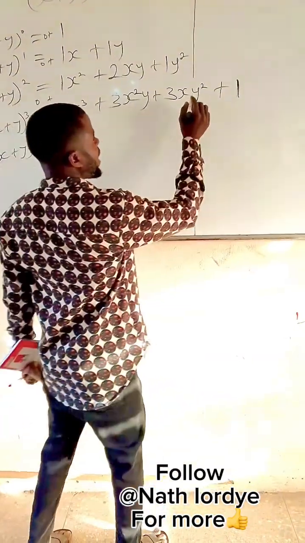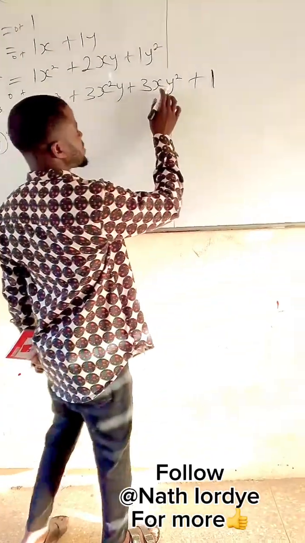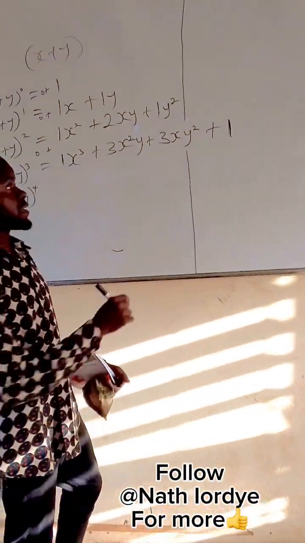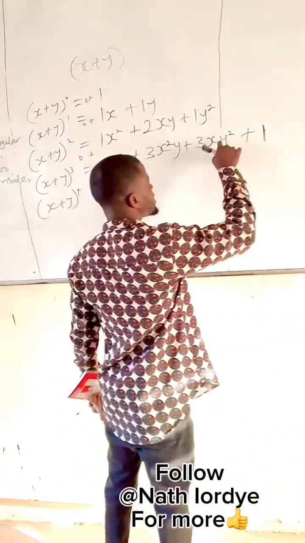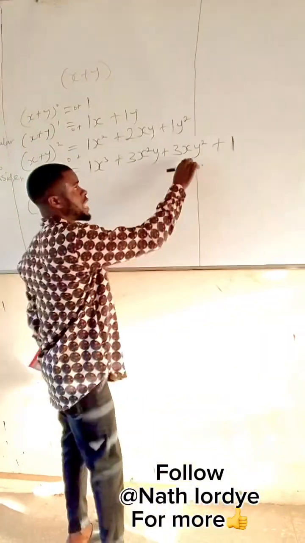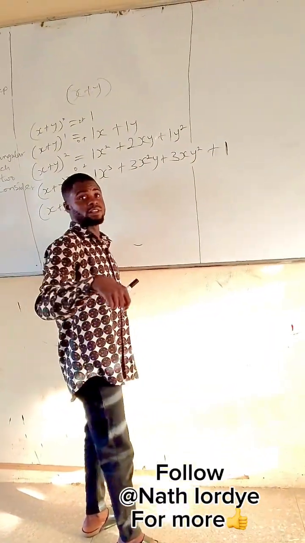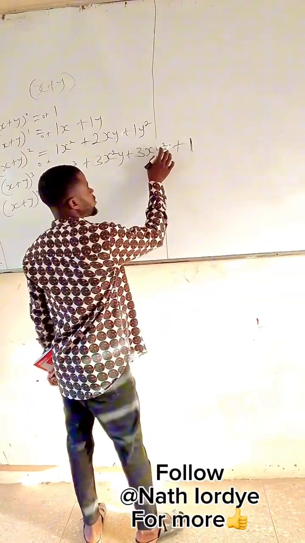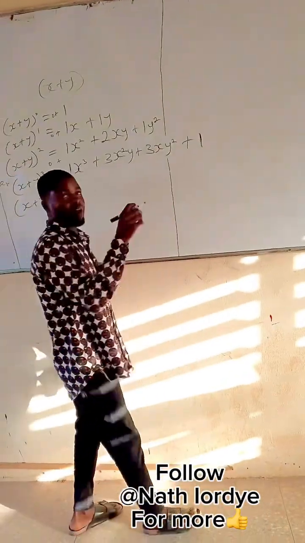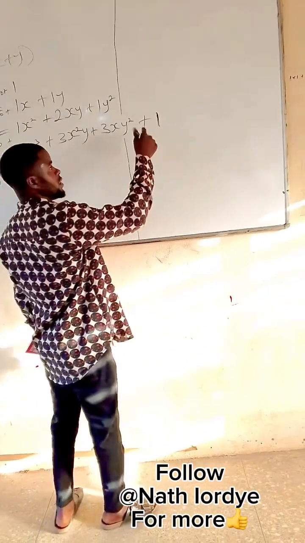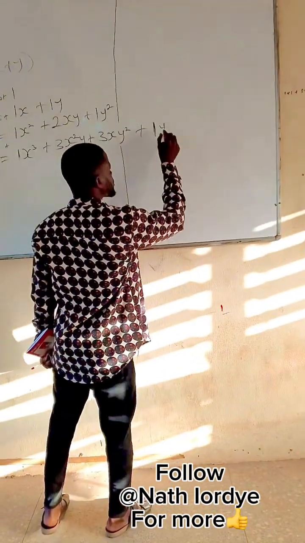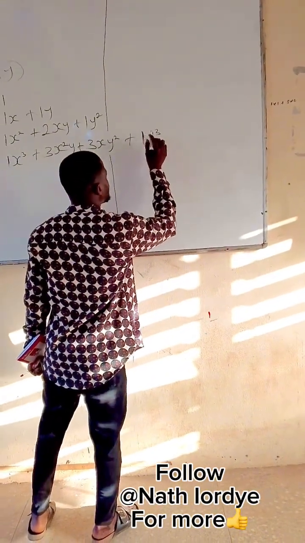And then we have x. Now x was raised to the power of 1. Now there's a decrease by 1 power. So now x will be raised to the power of 0, and x raised to the power of 0 is the same thing as 1. So what is left here is y, but because there's a corresponding increase in the power of y, we will now have this whole expression to be y raised to the power of 3.